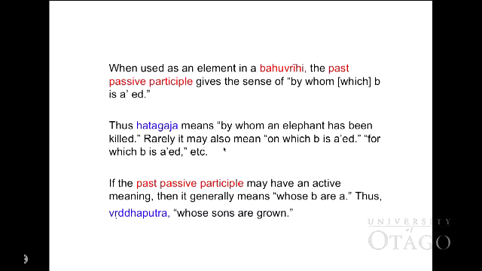Lastly, it may also mean on which B is done, for which B is done. So if the PPP has an active meaning, then it generally means whose B are A. Thus, vṛddha-putraḥ, whose sons are grown. Vṛddha means old or grown. So, whose sons are grown.